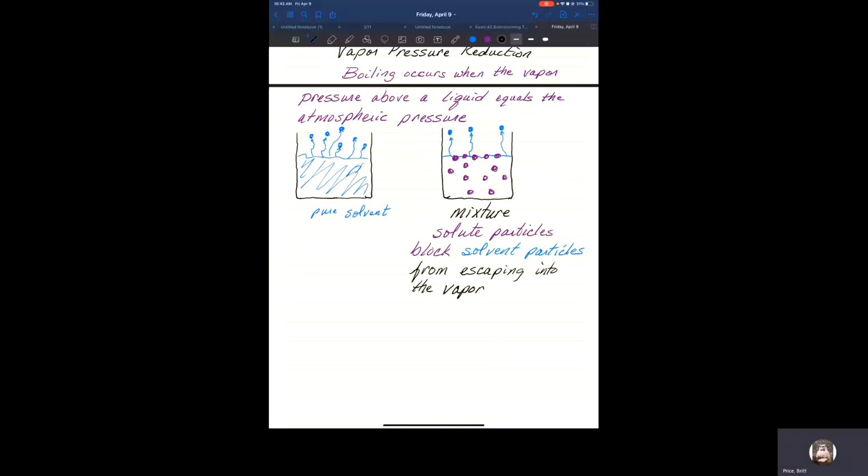Remember, vapor phase, same thing as a gas.